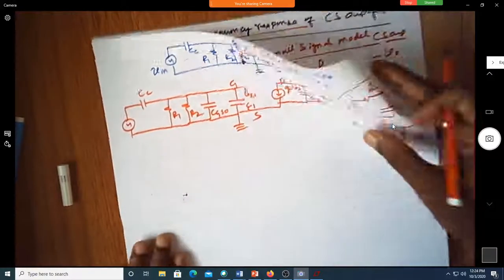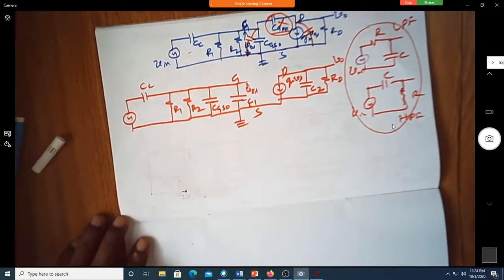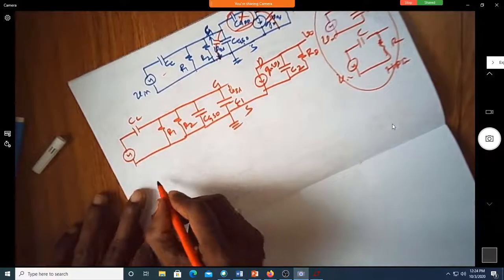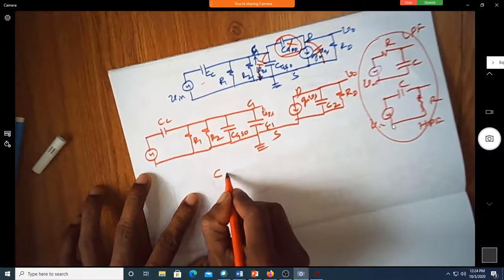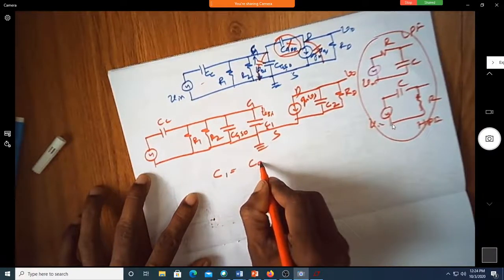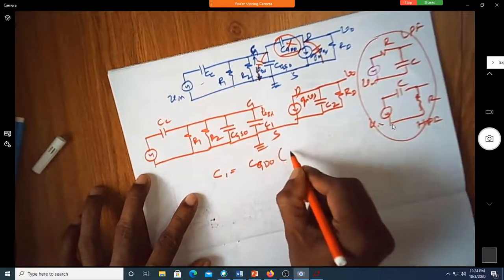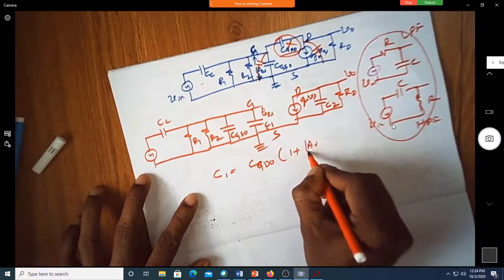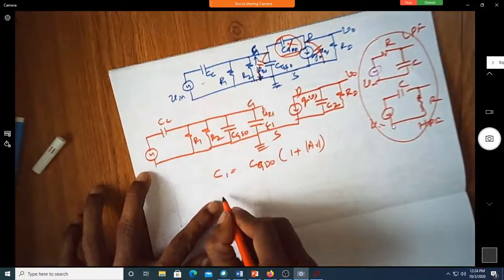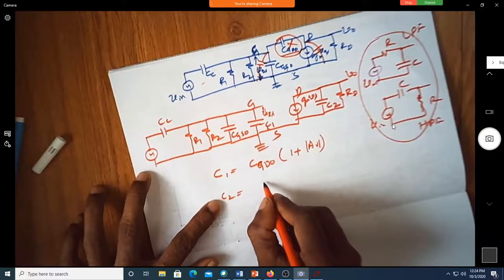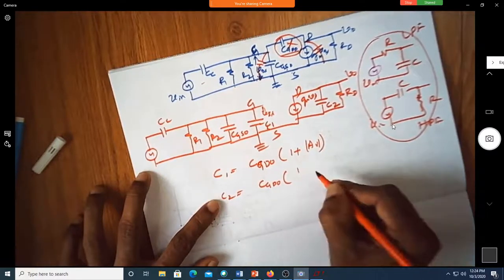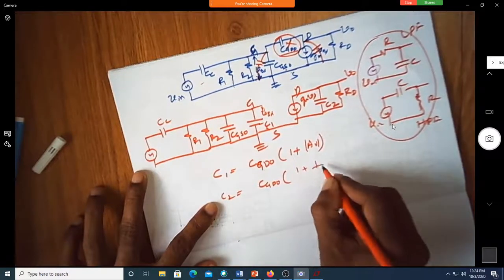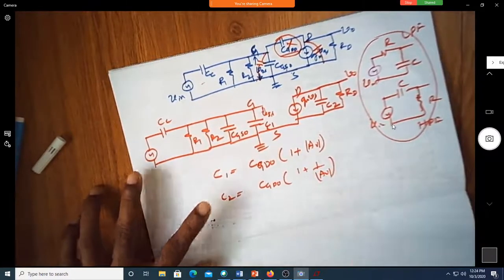See now the journey from this to this. Now what are C1 and C2? I'll ask all of you to go through the video and try to understand. C1 is CGDO into 1 plus AV, where AV is the gain of the amplifier. C2 is equal to CGDO into 1 plus 1 over AV, if I'm correct.